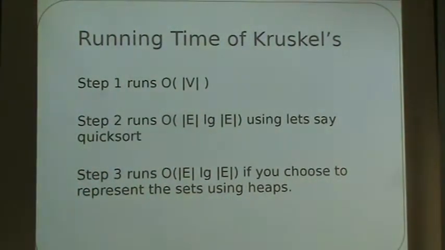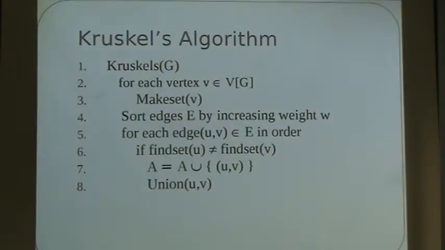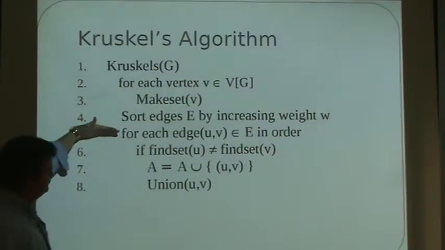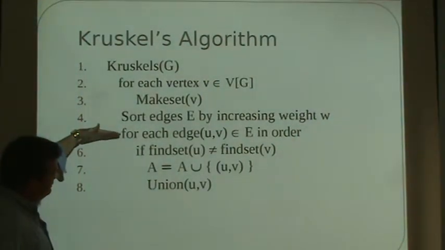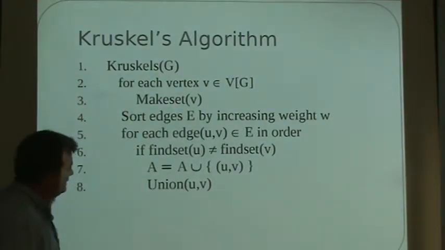The third step is a little bit convoluted in that the third step is lines 5, 6, 7, and 8. The third step is that for every edge in our graph, so that's going to be E times something, whatever goes on here.